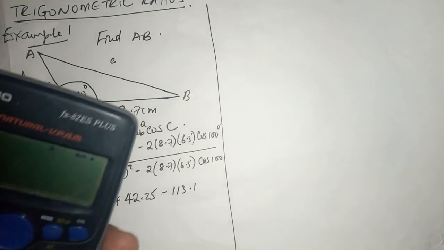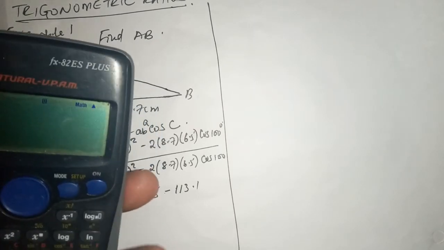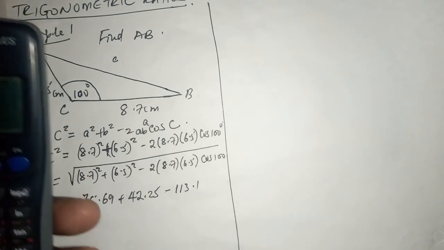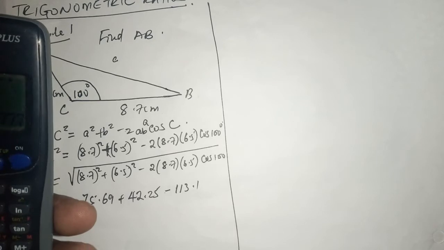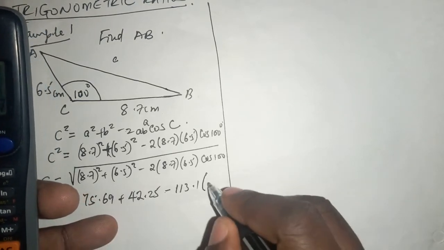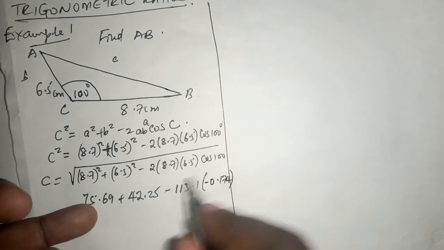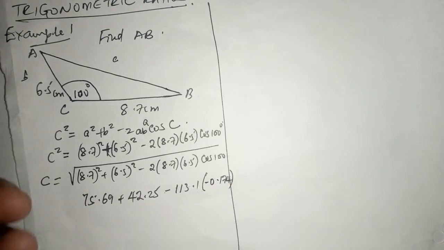Let's put our calculator into degree mode. It is already in radian mode, that's why we are likely to get a wrong answer. So the cosine of 100 is equal to negative 0.174. If you multiply this by minus 113.1, you get 19.64.